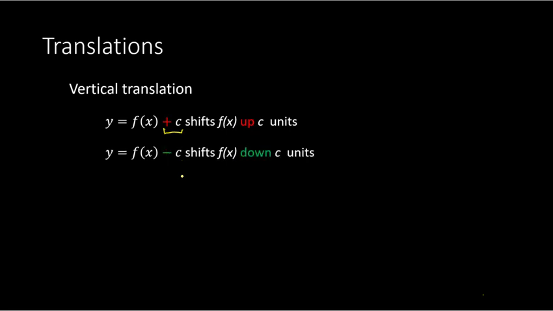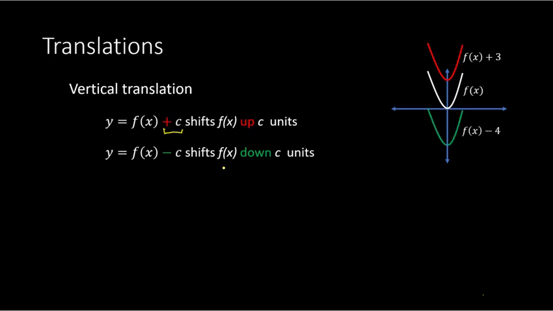If it has a negative number, like minus something, that's going to shift the function down that number of spaces. All right, so here, for example, if this is our function f of x, and we were to take f of x plus 3, that would shift the graph up 3. If we had f of x minus 4, it would shift the graph down 4 units. We see that graphed right here.